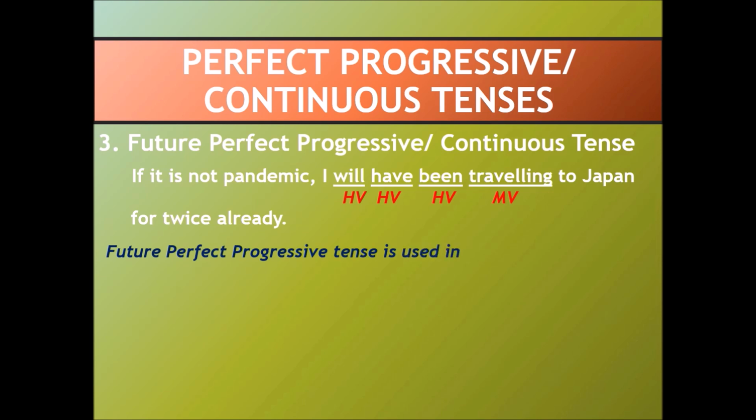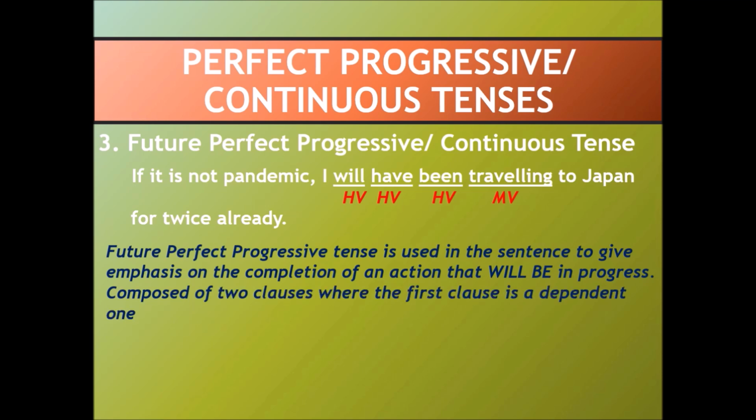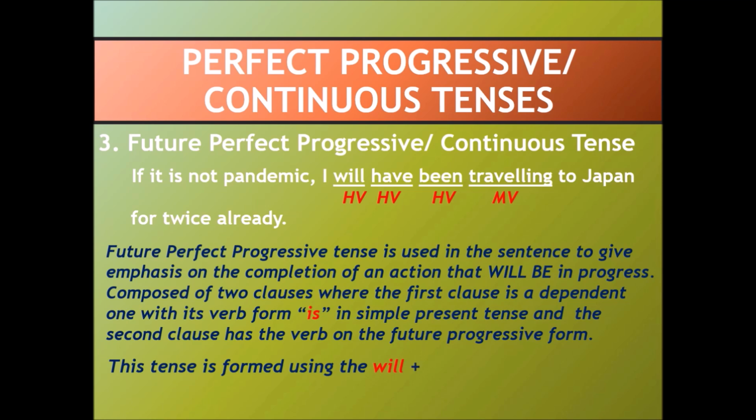Future perfect progressive tense is used in the sentence to give emphasis on the completion of an action that will be in progress. It is composed of 2 clauses where the first clause is a dependent one with its verb in simple present tense, and the second clause has the verb in the future progressive form. This tense is formed using will plus have plus been plus the present participle, the root verb in ing form.